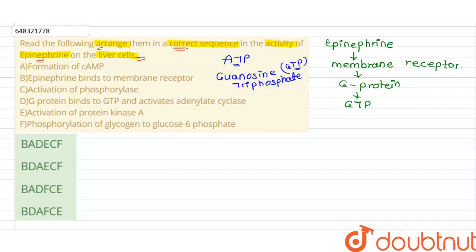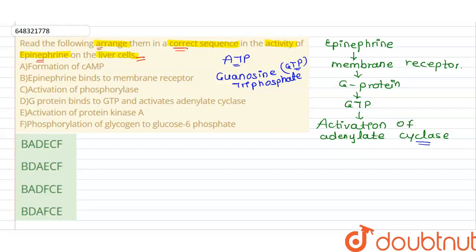The G protein will bind to this GTP, and this binding of G protein to GTP will cause the activation of adenylate cyclase. Here the term cyclase is used.